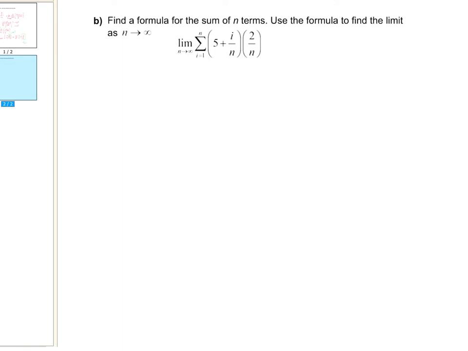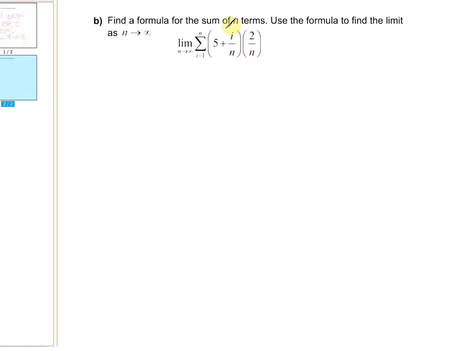This problem may be a little bit longer, but we will apply the same idea. With respect to the limit, a limit depends on n. We can do nothing with respect to it. But with respect to the sigma, the only variable is i. So we can take everything else outside.